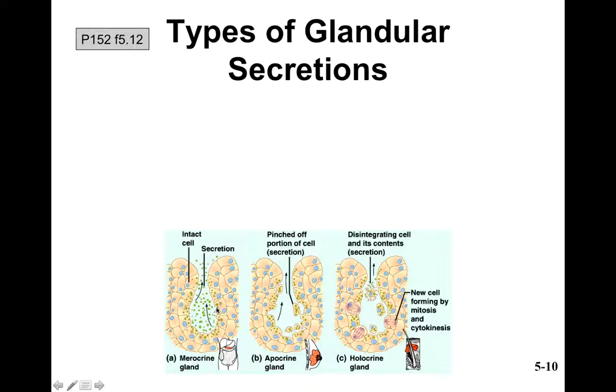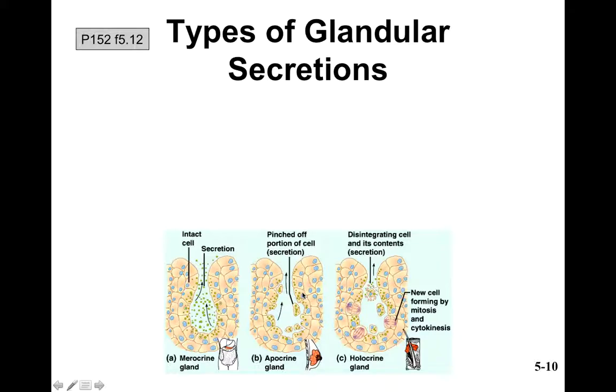So with the glandular secretions, we break this down based on how they secrete things. So for the merocrine glands, the secretion just comes out of the cells of the gland. Okay. For the apocrine one, a piece of the cell actually breaks off to deliver the contents for the gland.